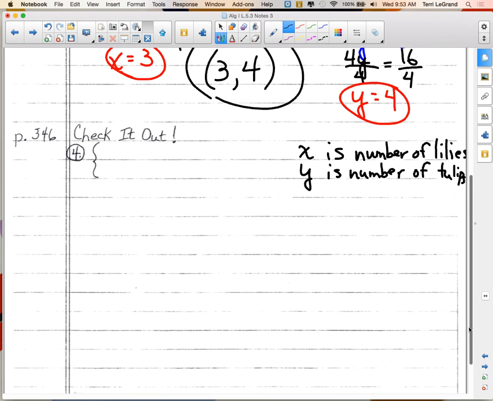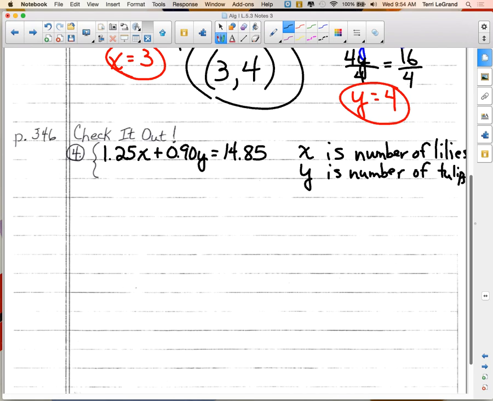1.25x plus 0.90y equals 14.85. So we've got to see if this makes sense. If we're taking 1.25 times the number of lilies, that's telling me that we're going to find how much money was spent altogether just buying lilies.